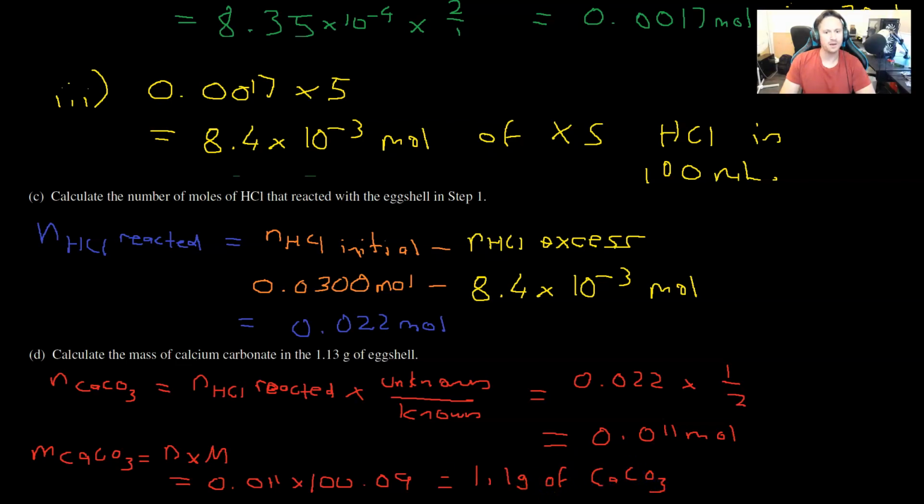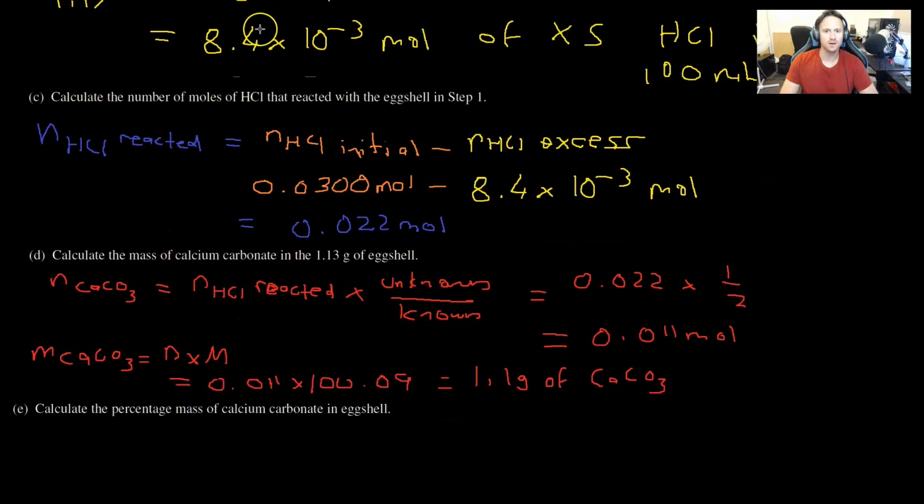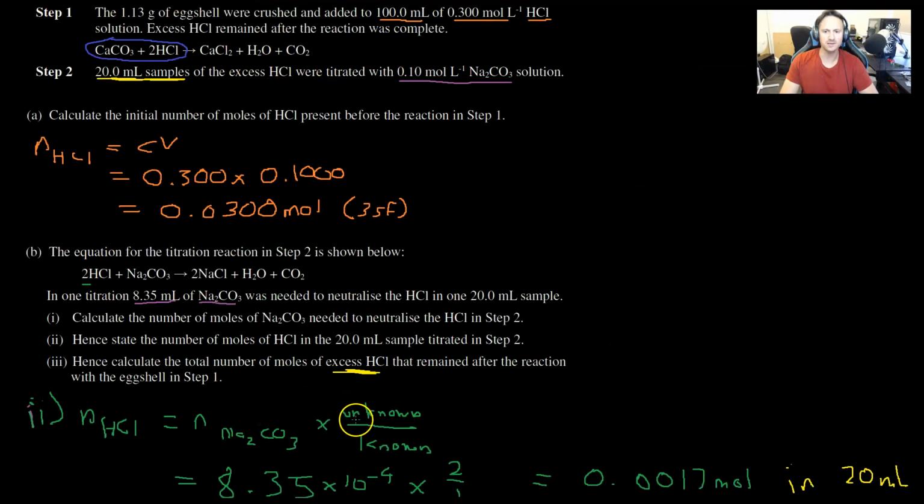Okay. So the last part is super easy. Calculate the percentage mass of calcium carbonate in eggshell. That's just like any percentage. So the calcium carbonate accounts for 1.1 gram of mass in the eggshell. So 1.1 grams of the calcium carbonate divided by the total mass.